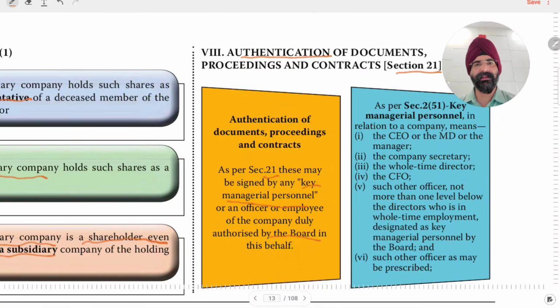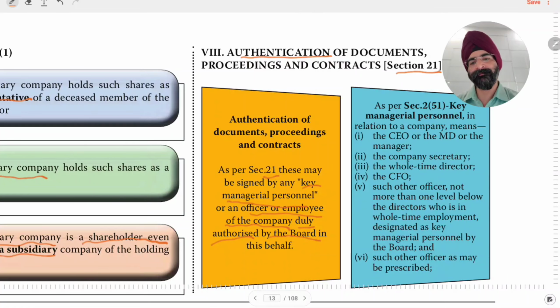Apart from these, if by a board resolution someone is authorized to authenticate certain documents, then we pass a resolution that they can sign certain documents on behalf of the company and do any other act incidental thereto. So we authorize certain officers or employees of the company who are duly authorized by the board in this behalf.